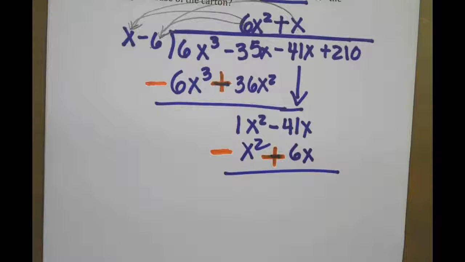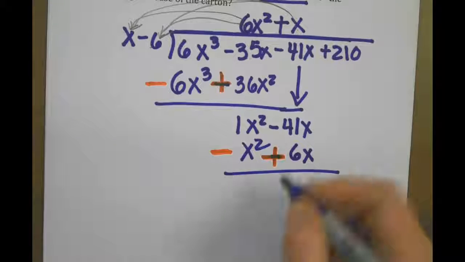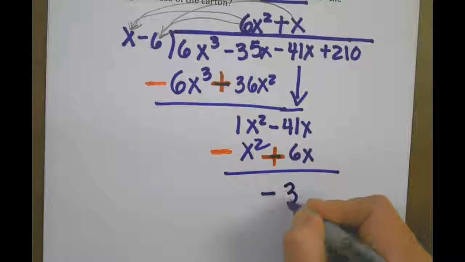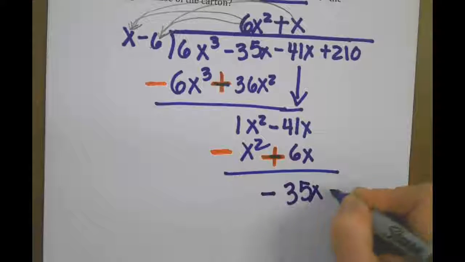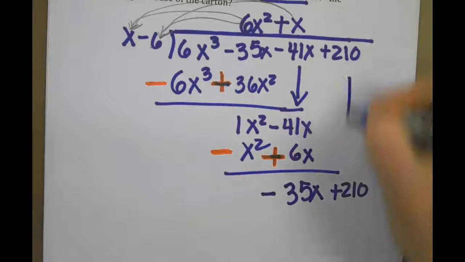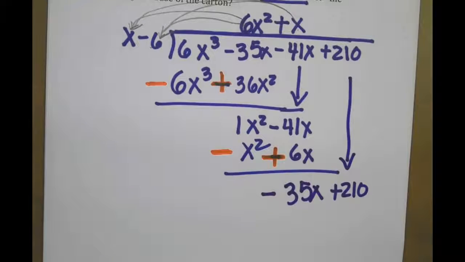So what do I get on this next step? The x squareds cancel out. And you bring down the next number. What am I going to have to multiply x by so it's going to equal negative 35x so I can cancel out the 35?